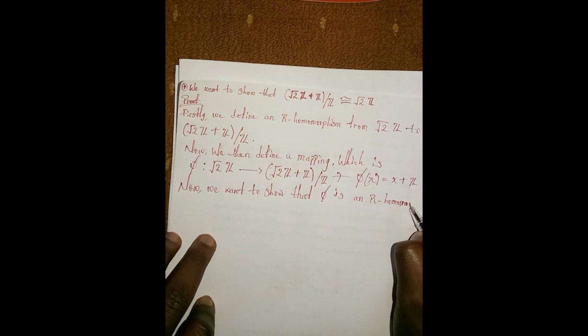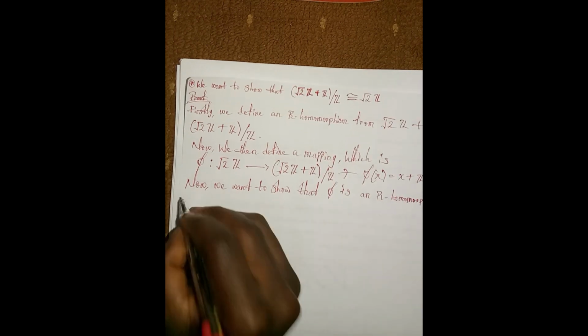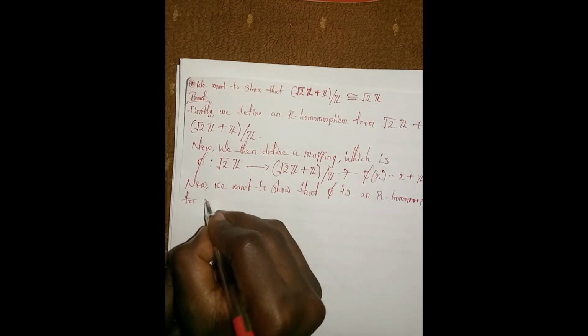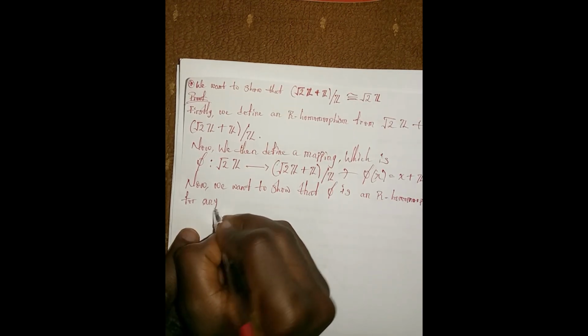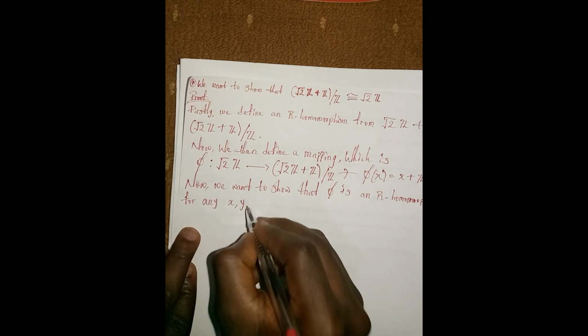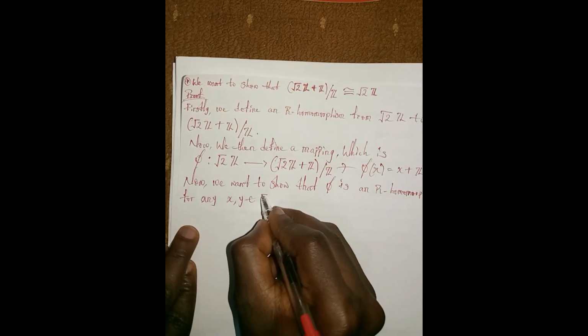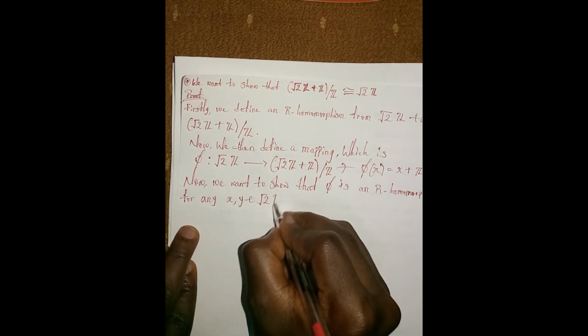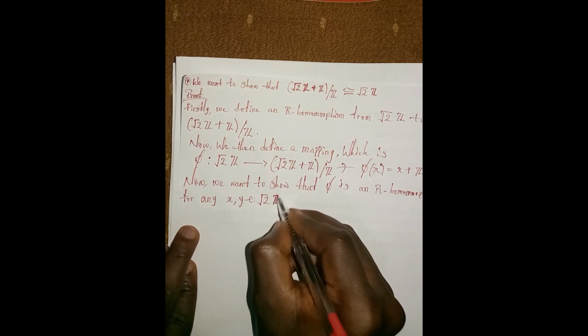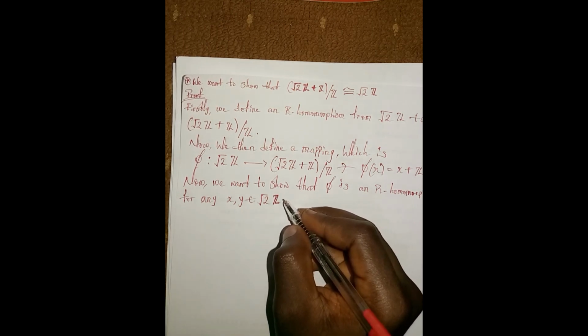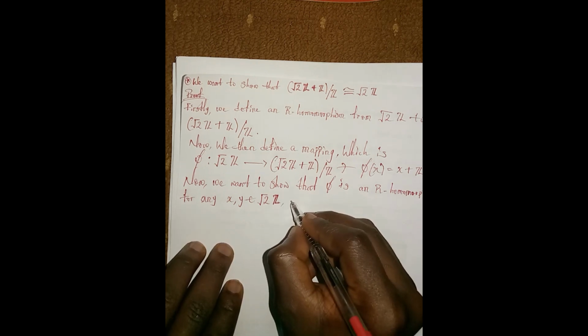First, a homomorphism. That is, for any x, y contained in the square root of 2 script z, where script z is the set of all integers.